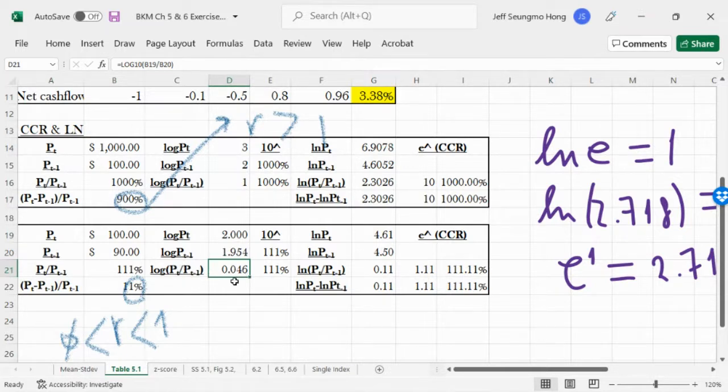A log of the gross return is, and if we raise it to 10, if you raise it by these changes to base 10, common log, right? It's 111%.